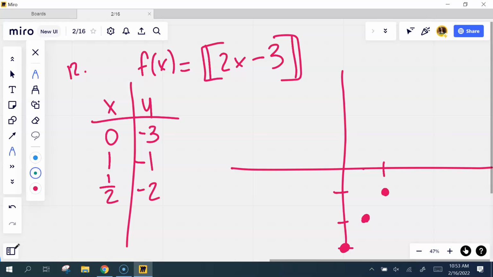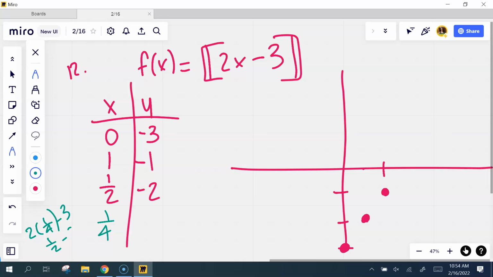I've got to find a number where it is a decimal so I can make sure where it's jumping. What if it jumps again in between here? Let's try half of a half, 1/4. If I plug 1/4 in here, I have 2 times a fourth minus 3.